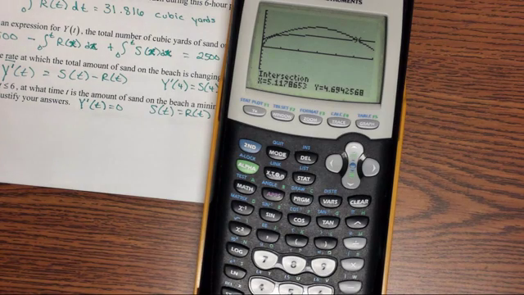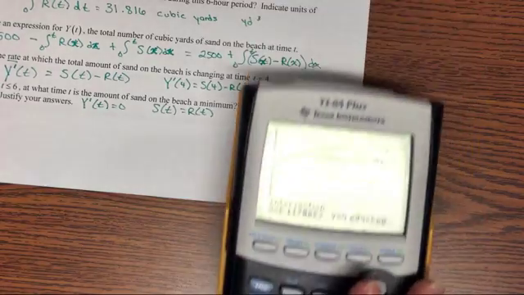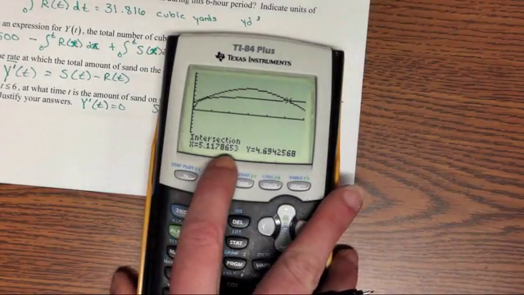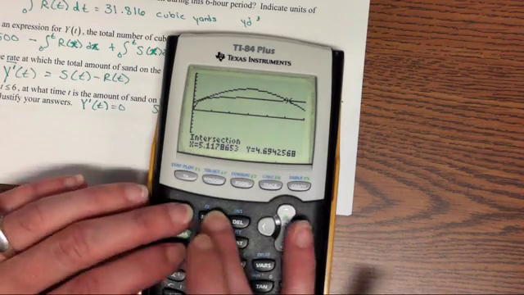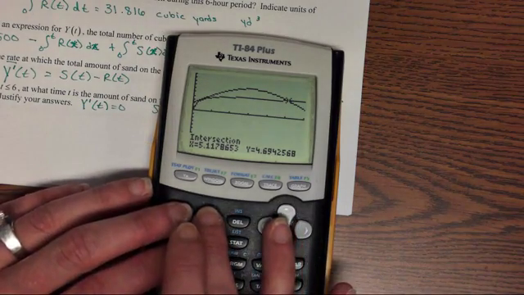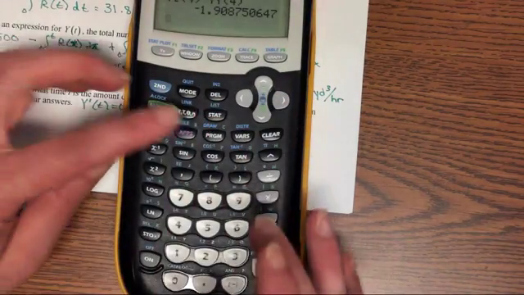So I'm going to do the intersection. And it gives me 5.118. Actually, it gives me a really long number. Since I want to plug that in later, I could save it in A or something like that. And you could actually do it right from here.